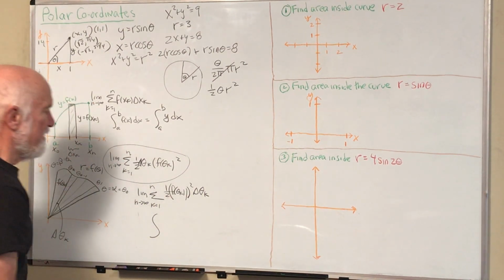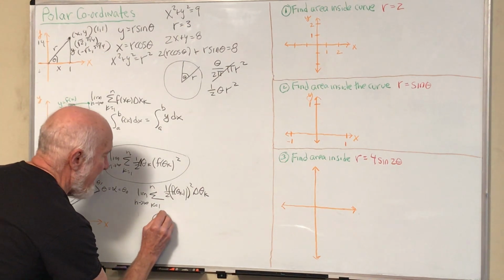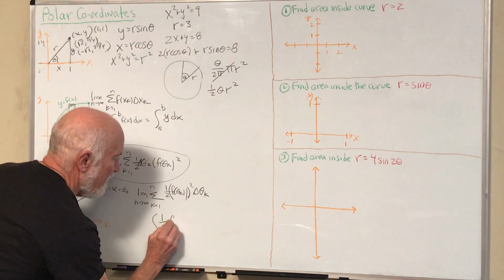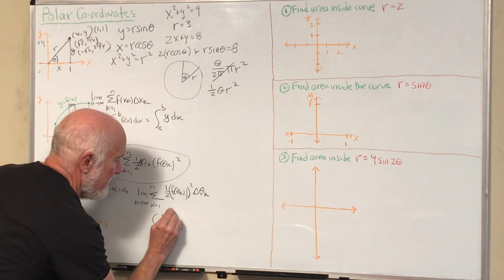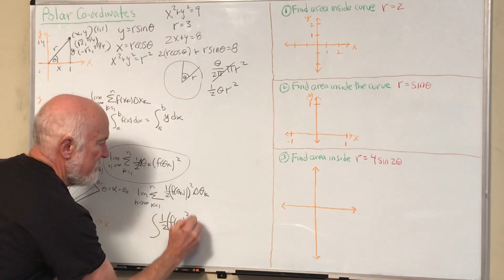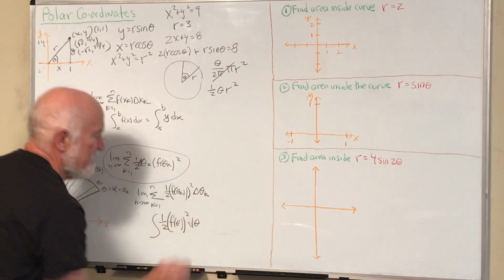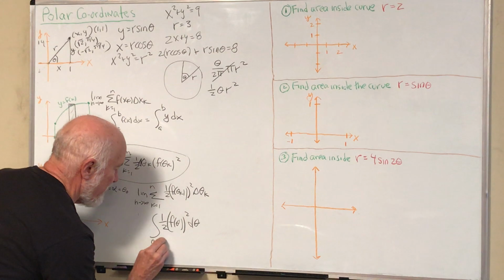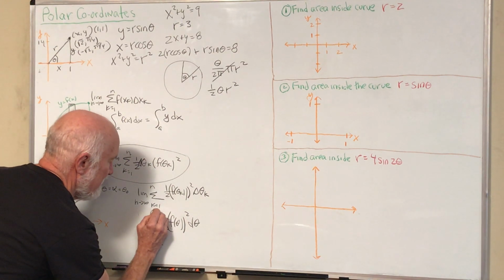The integral of 1/2 f of theta squared d theta. And you're going from theta equals alpha to theta equals beta.